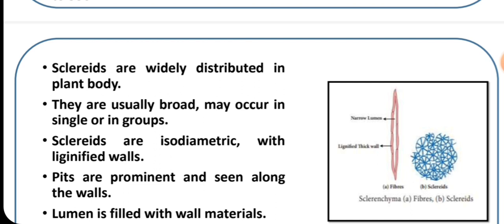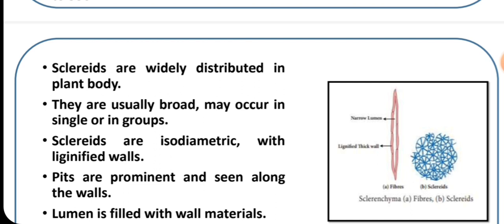Sclereids are isodiametric. Whenever you come across that word, iso means similar on all sides. They also contain lignified walls. Their cell wall is very thick due to the presence of lignin.